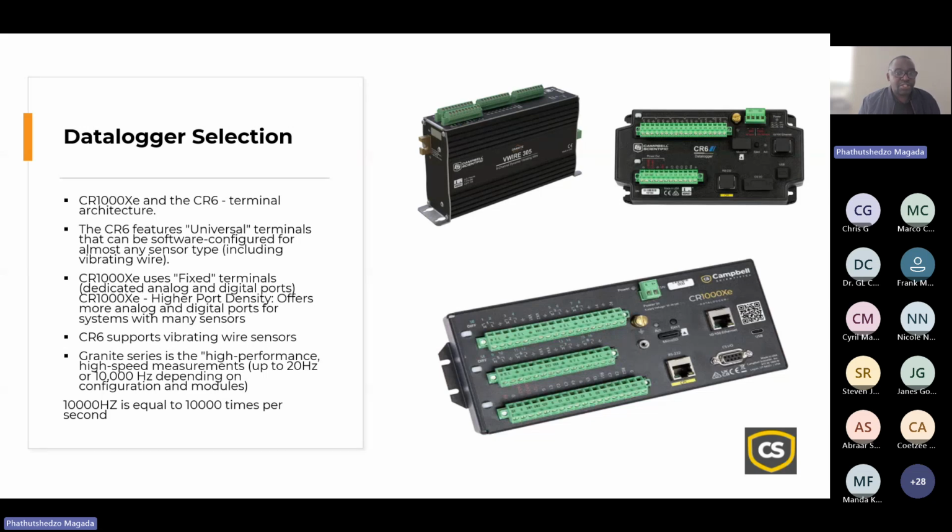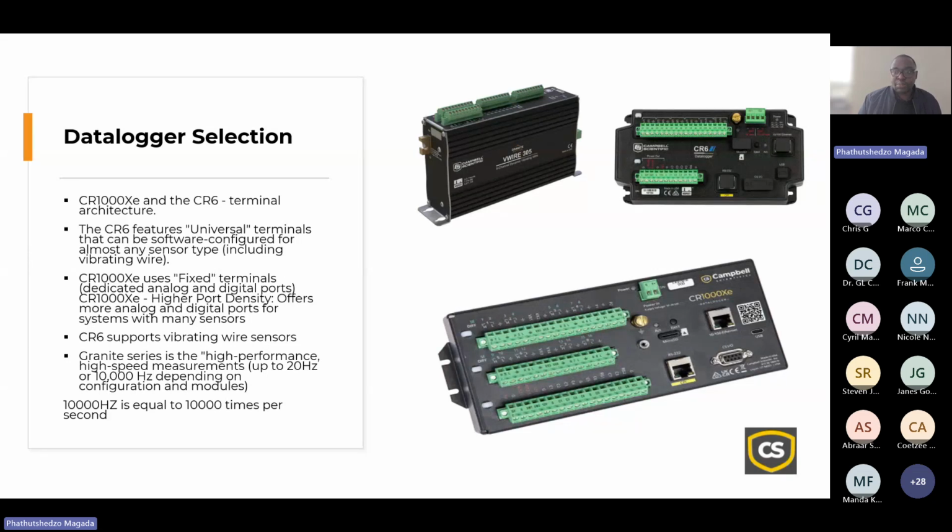CR6 features universal terminals, meaning that it can be software configured to accommodate either analog or digital sensors. This includes vibrating wire. On the other hand, CR1000XE has fixed terminals. So it has dedicated terminals for analog sensors and dedicated terminals for digital sensors.